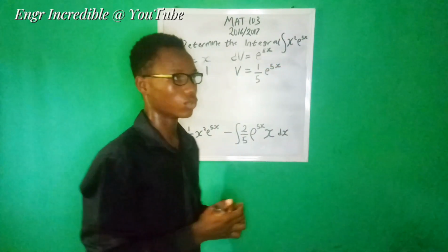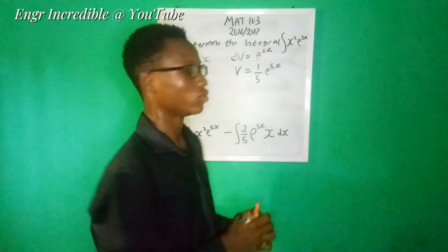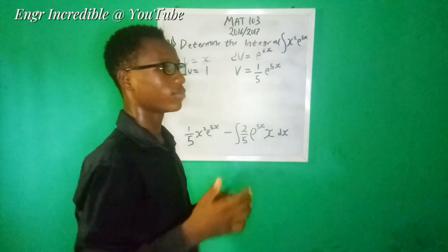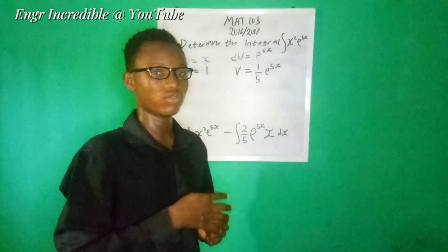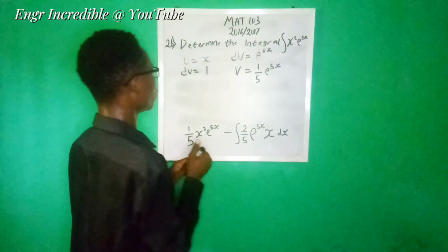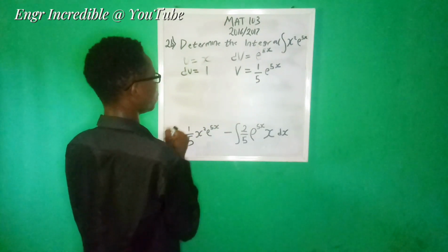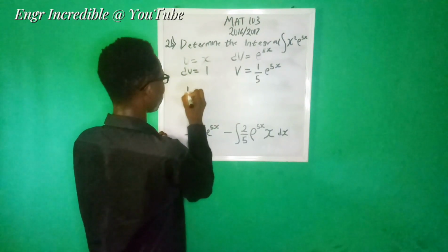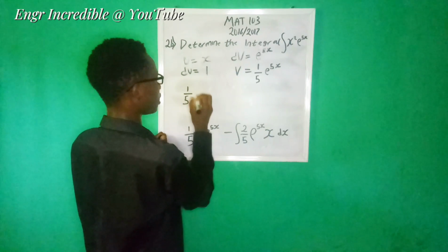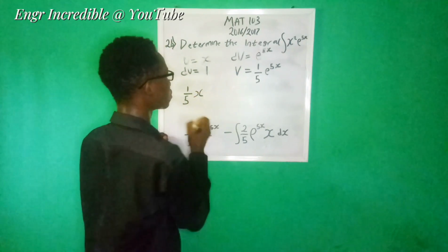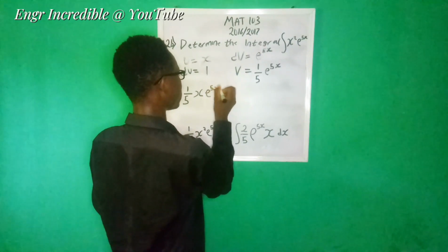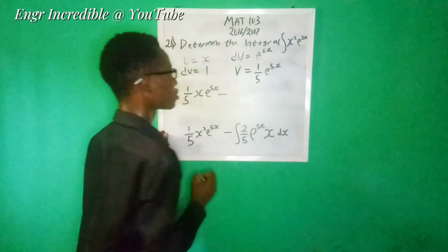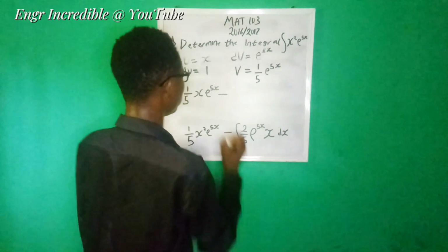So from here we can integrate this one all over again, and you remember the formula that says integral of u dv is equal to uv minus integral of v du. So our u times v, we have 1 over 5 times x e raised to power 5x, minus the integral of v du.